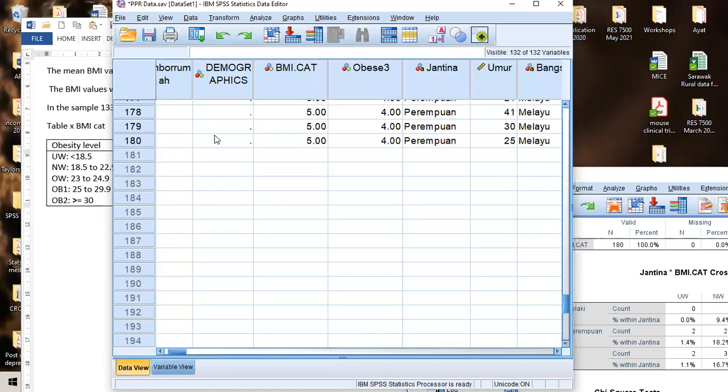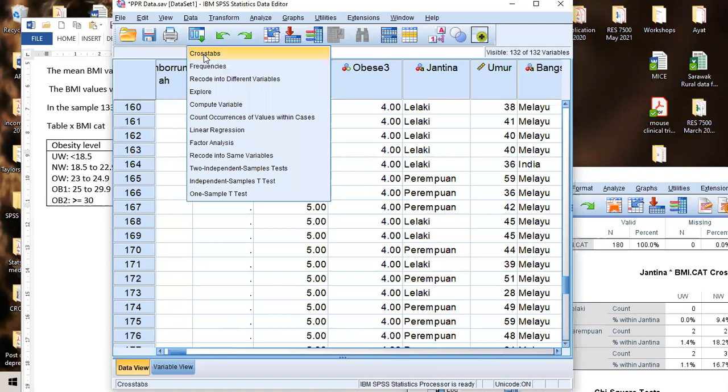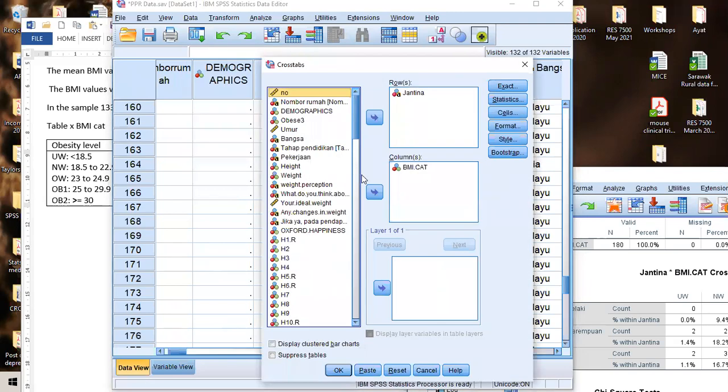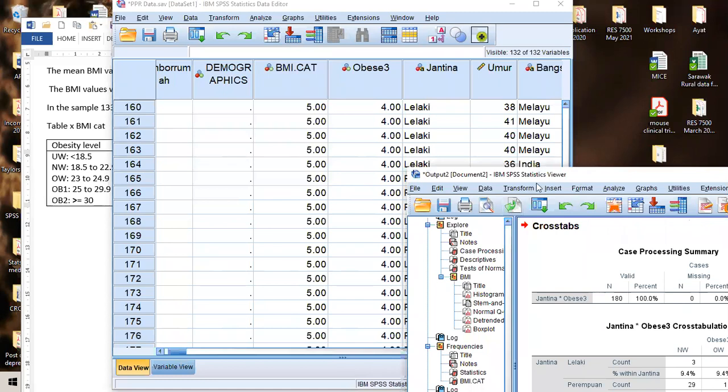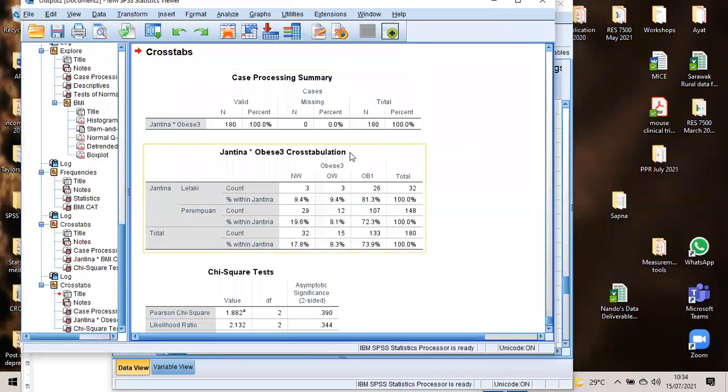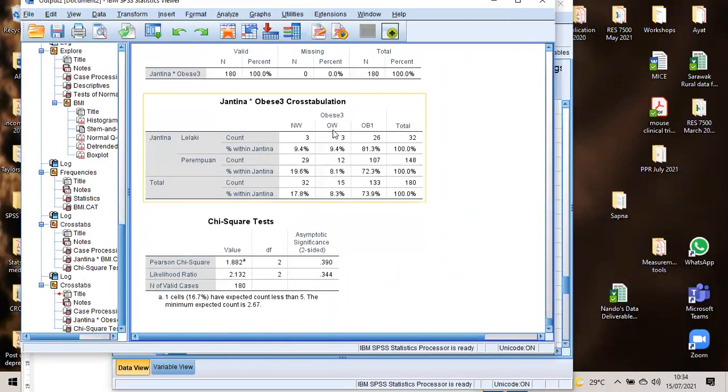Okay. So let's do the crosstab again. Take out this. Put the obese 3. And click OK. Now, only 3 levels here. So what's the p-value? 0.39.